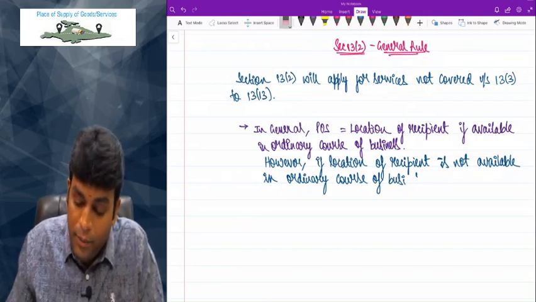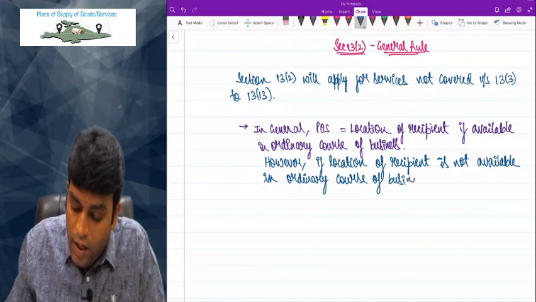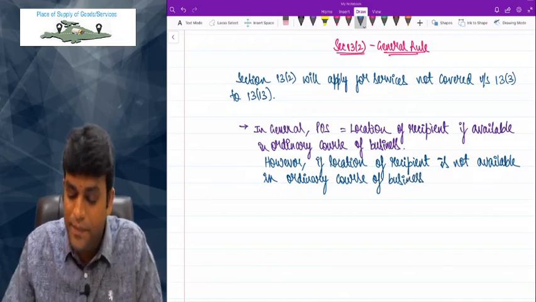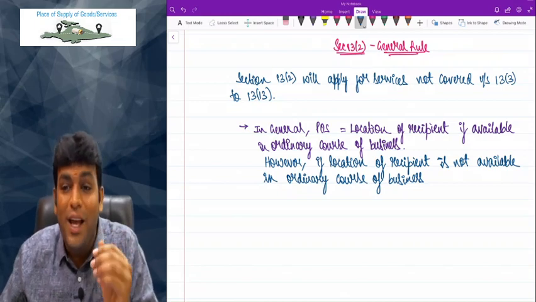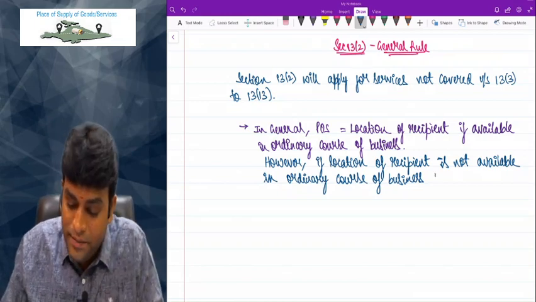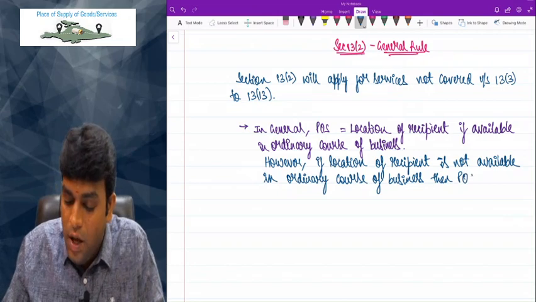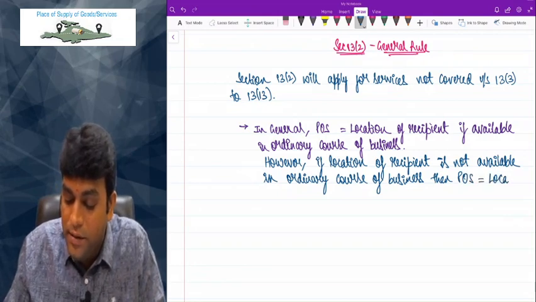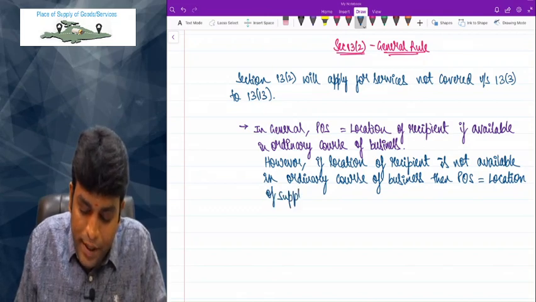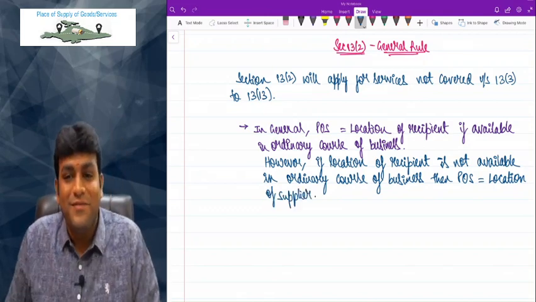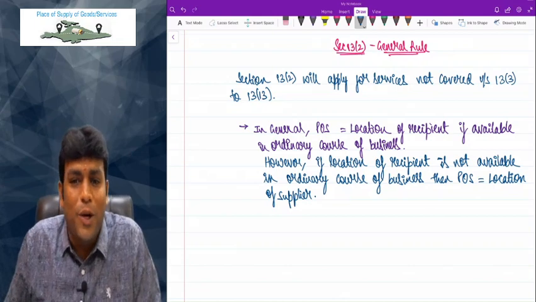Come on guys, I repeat one more time. If what, sir? If location of recipient is not available in the ordinary course of business, then POS, obviously you can expect, my dear friends, is location of supplier. Location of what, sir? Supplier, no doubt about it.